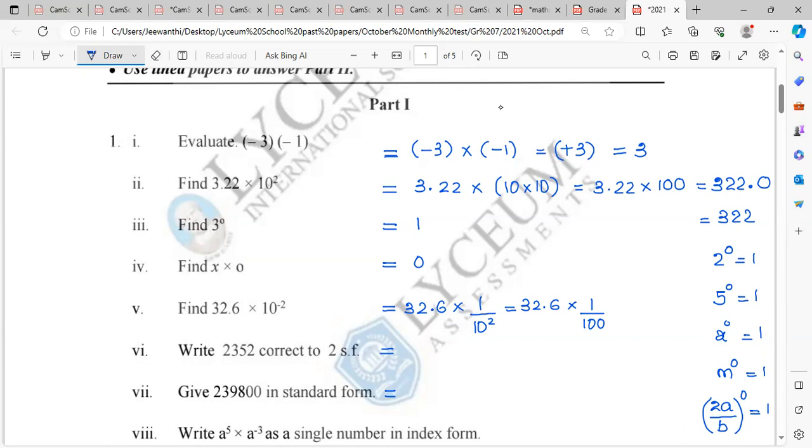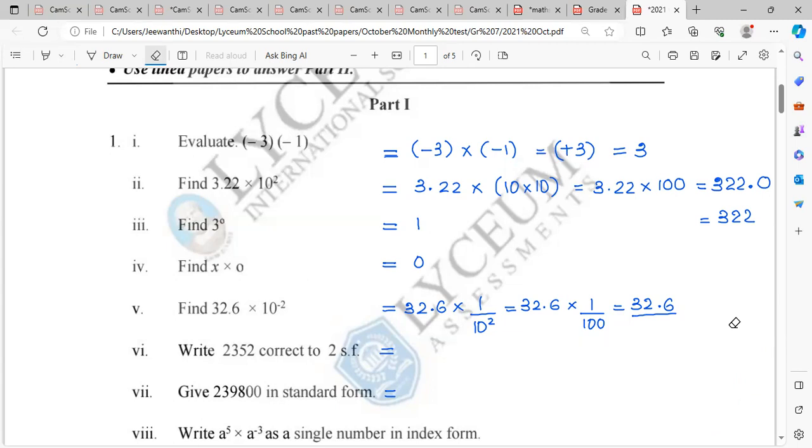Earlier I mentioned that 1 over 10 to the power 2 means 1 over 100. So multiplying something by 1 over 100 means you divide that number by 100, right?